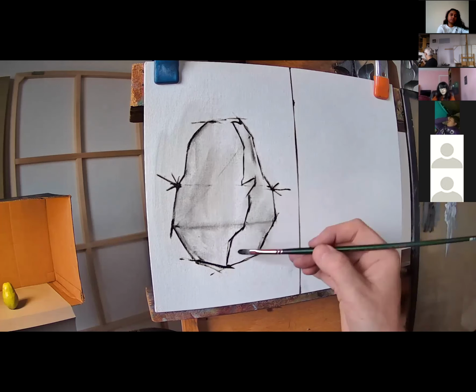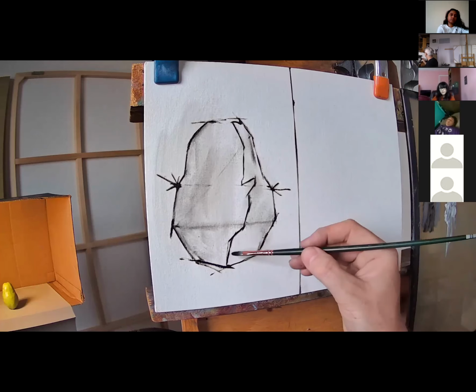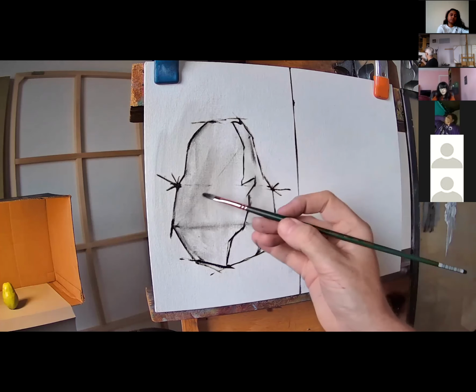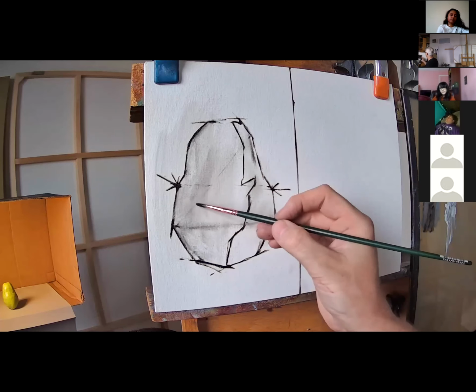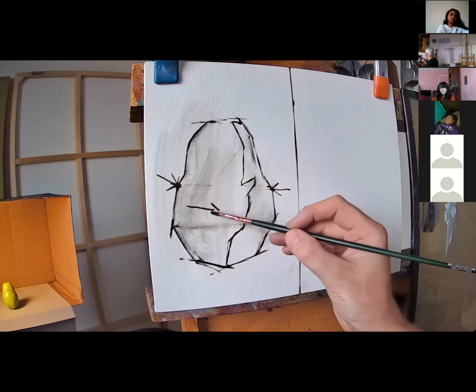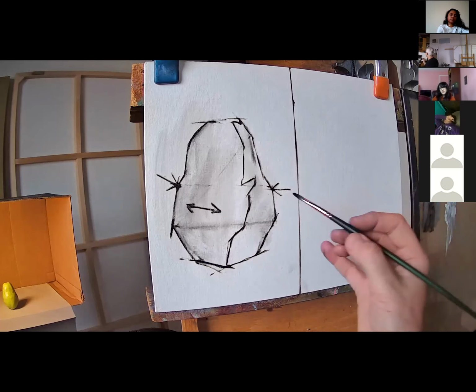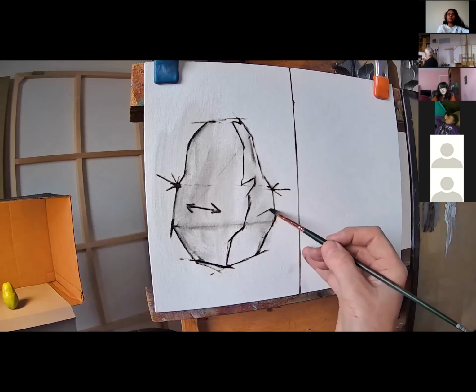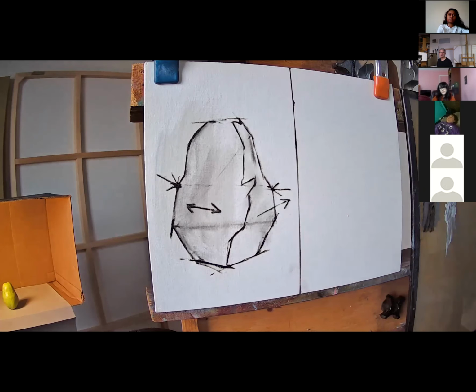So what we've done by following that shadow pattern is we've found the initial large shift from the light plane, which is roughly moving in this direction, and facing the light source. And we've found the shadow plane, which is turned away from the light source and moving in that direction.